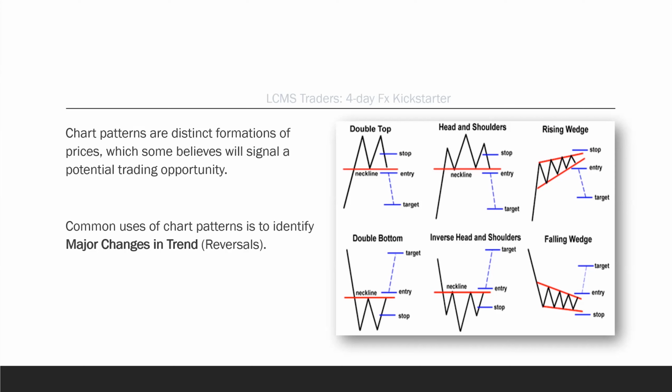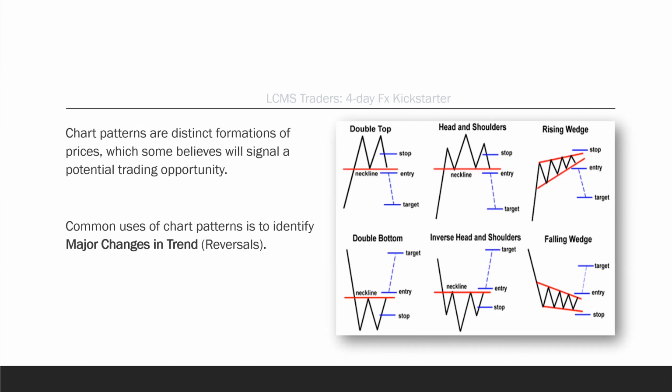So what you notice is this is why it's leading on from trend. You need to identify trend, and then now we identify potential reversals. Again, remember, reversals or counter trend do work, but they work about 30% of the time.